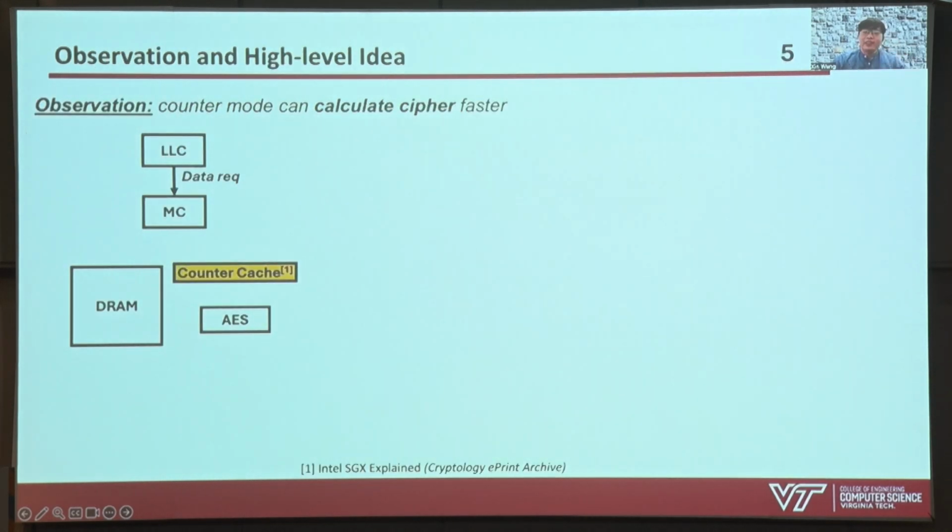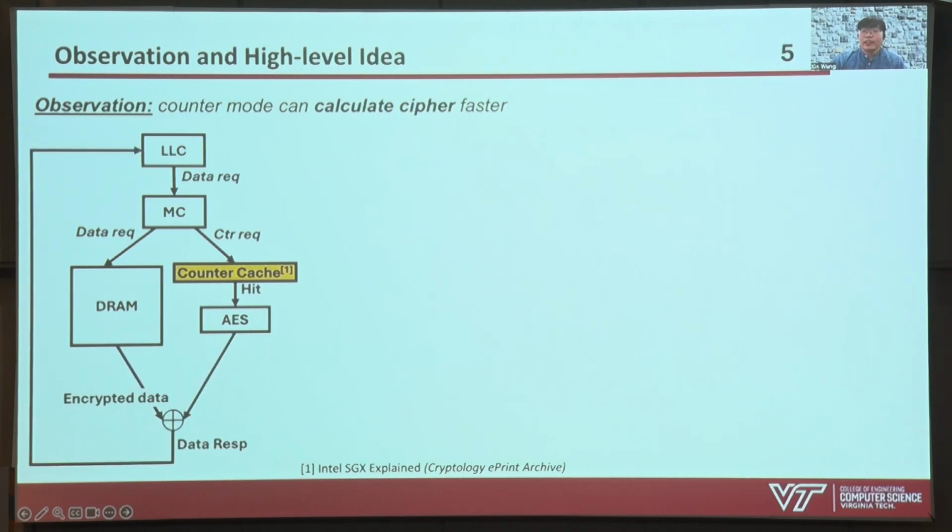To address the AES latency problem of counterless, we observe that despite memory bandwidth overhead, counter-mode can calculate the cipher faster than counterless. One way for counter-mode to calculate the cipher faster is through a counter cache hit. Along with the DRAM access of data, the memory controller also accesses the data's counter in the counter cache. Upon a cache hit, the memory controller uses the cached counter to calculate AES. When both the AES result and the data block are ready, the memory controller XORs them to get the plaintext.